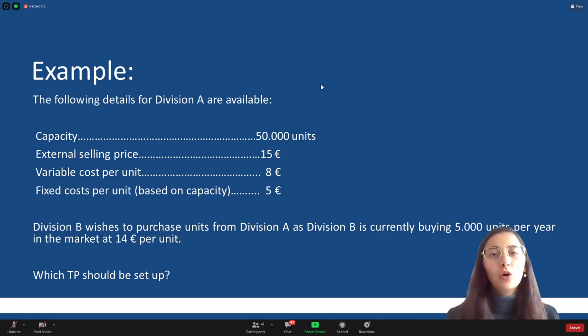What if we do not have spare capacity? If division A doesn't have spare capacity, what would be the transfer price?